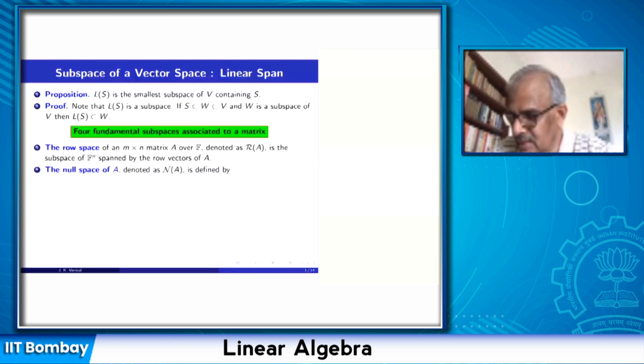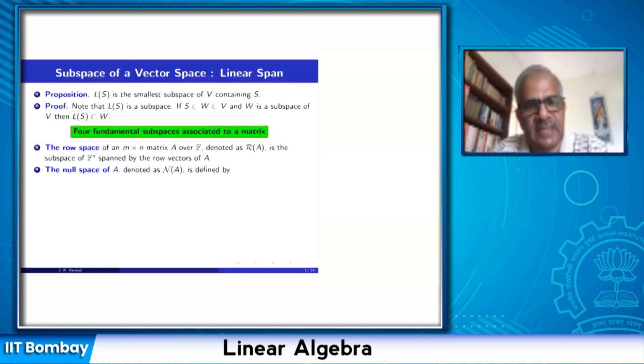Then we can consider the null space of a matrix. The null space is simply the set of all solutions of the homogeneous system of linear equations Ax equal to 0.